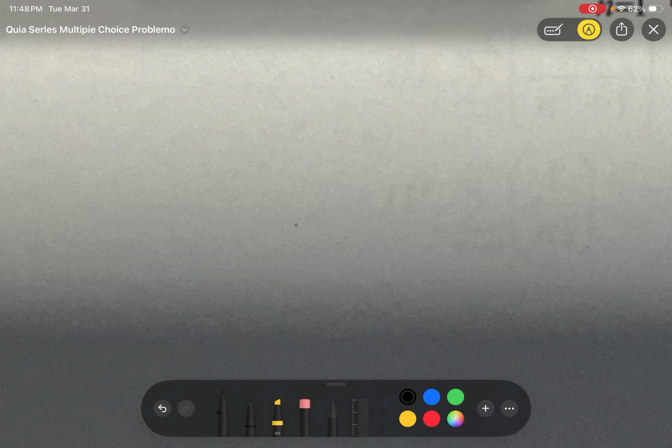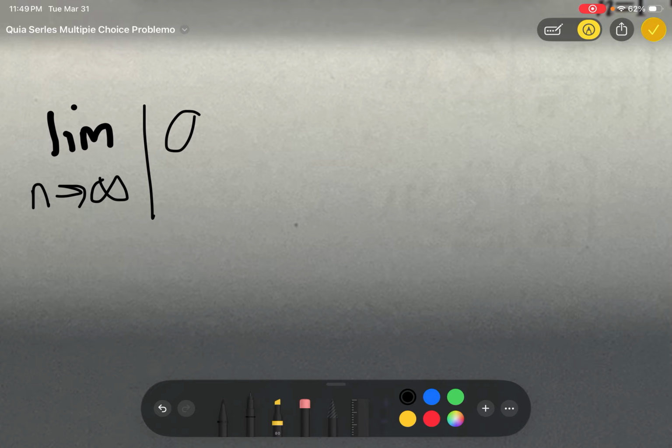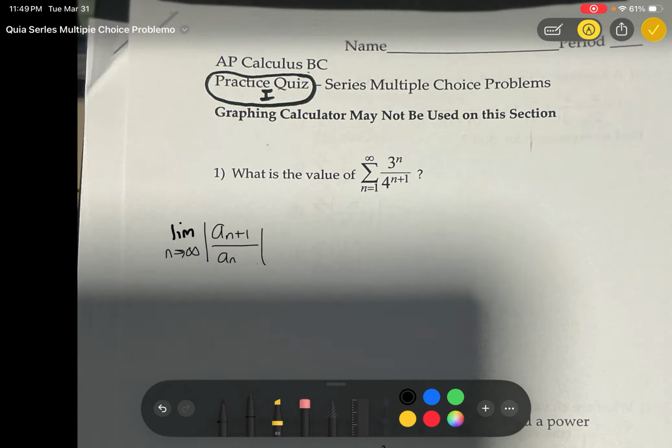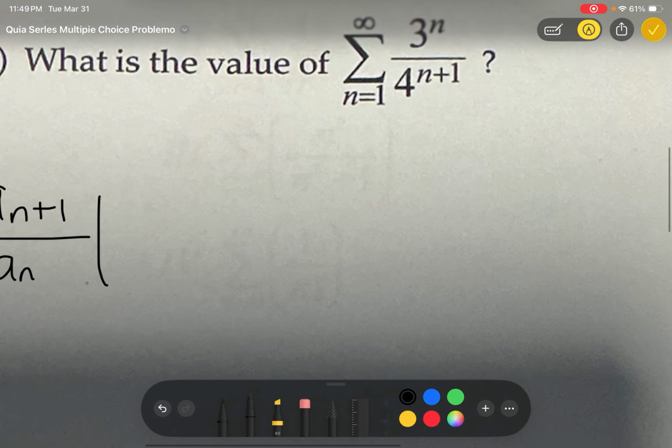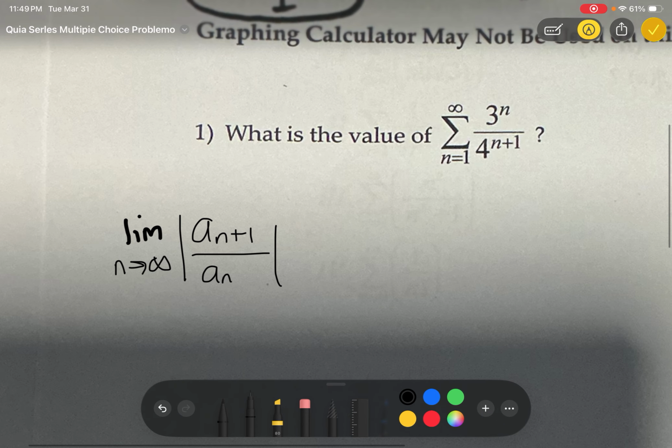If you don't remember your ratio test, it's the limit as n approaches infinity of your function with n plus 1 over a of n, and we're going to determine the value of this. So let's plug that in here.